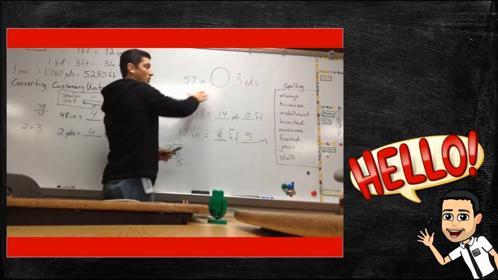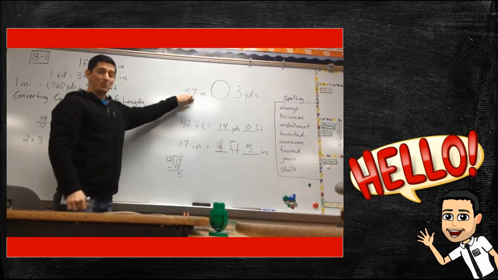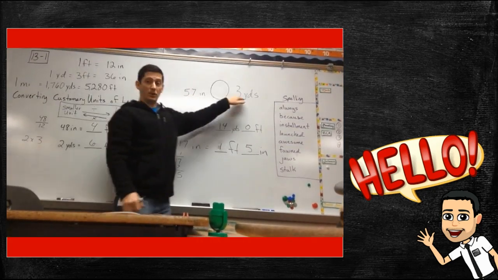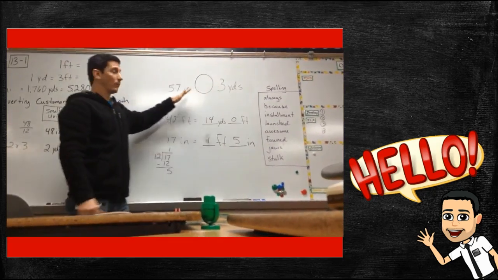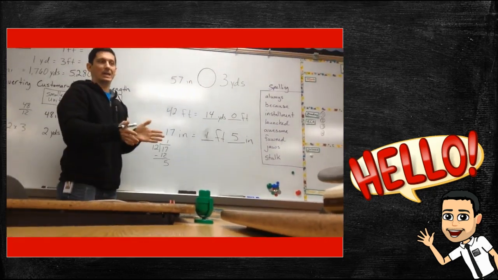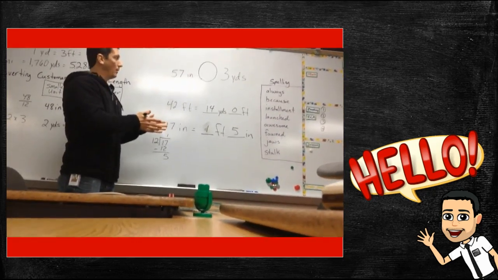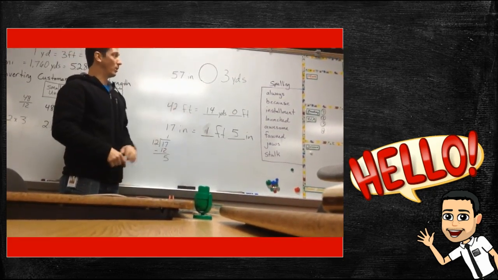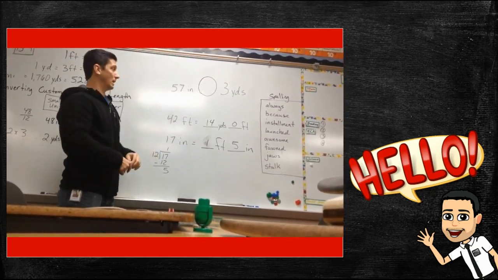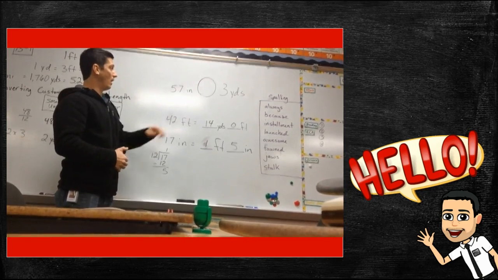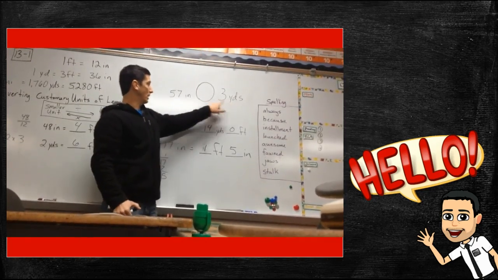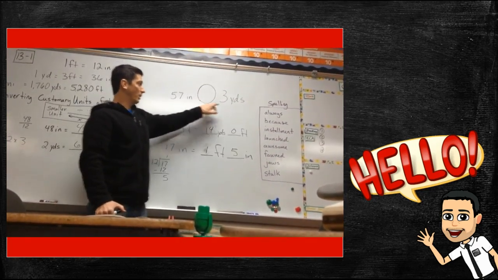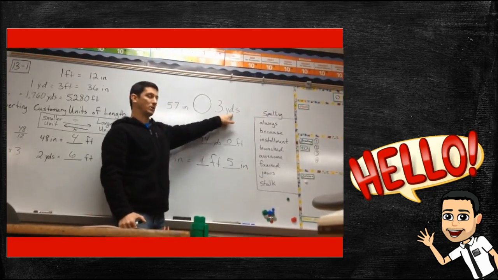So let's go up here and do some comparing. I'm comparing 57 inches to 3 yards. And you can convert either one of these, but one of these has to be converted to the other. Doesn't matter which one. I'm going to go with yards because I like multiplying better than I like dividing. So I want to change 3 yards into inches. So I have to ask myself, how many inches are in a yard?